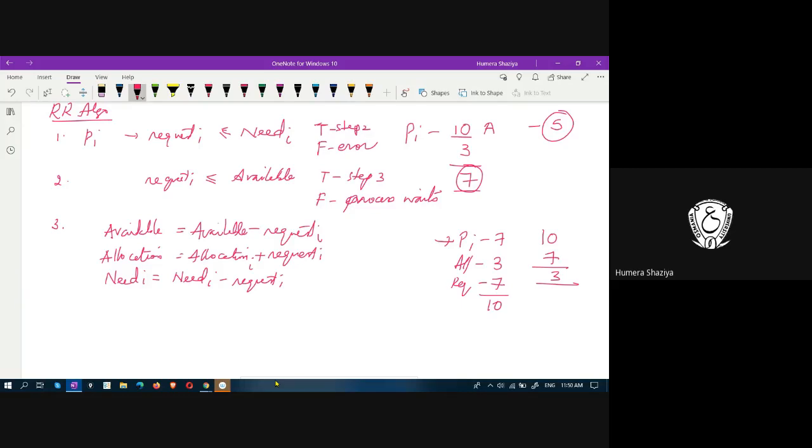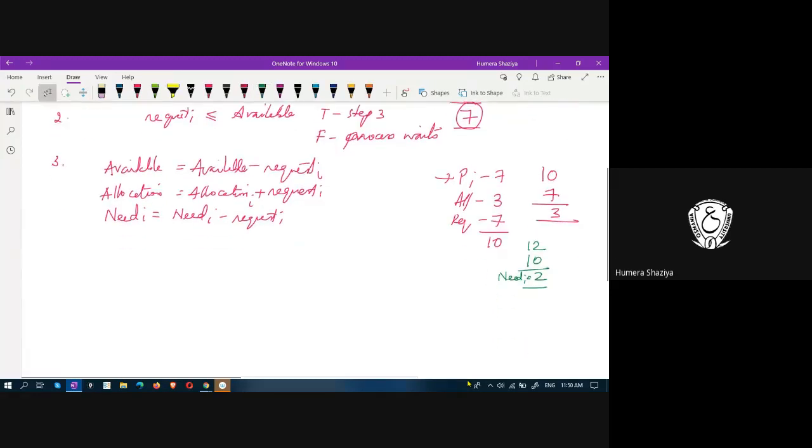It is done. Suppose the total need of PI is 12 instead of 10. Then allocated is 10 and total need is 12, so further P1 needs 2 resources. This is now the need of I. This is about resource request algorithm.